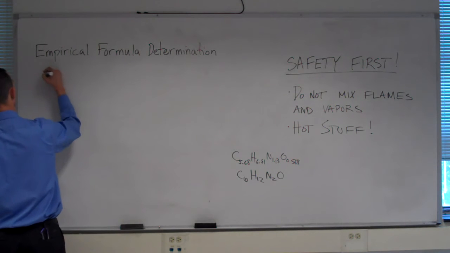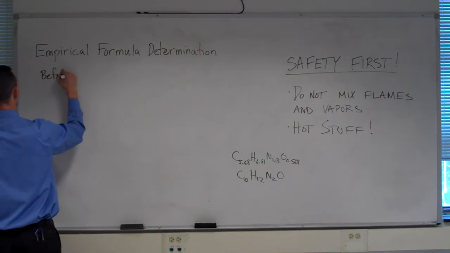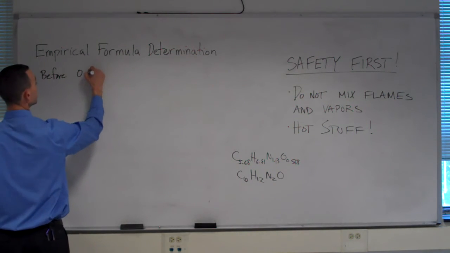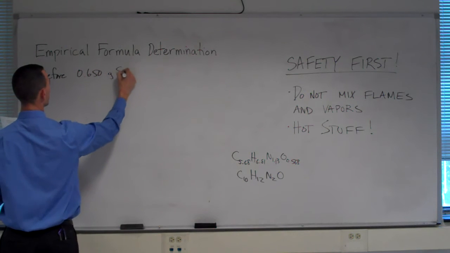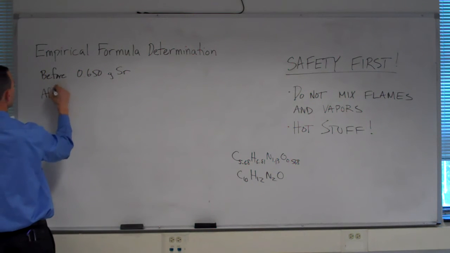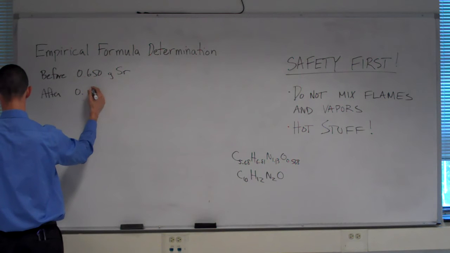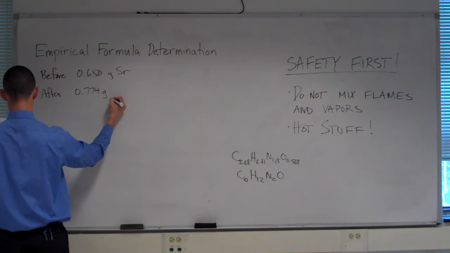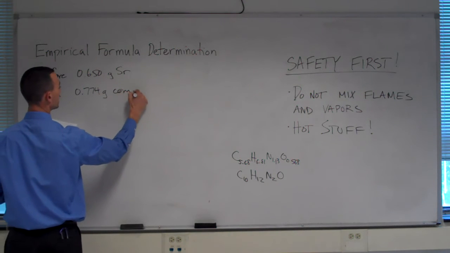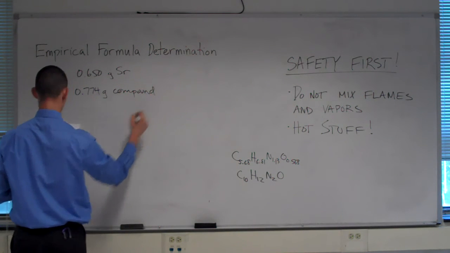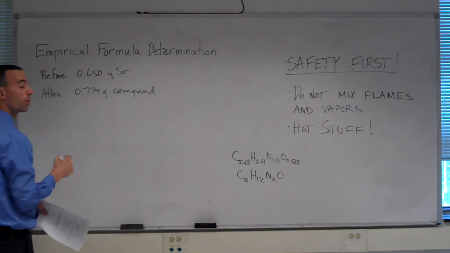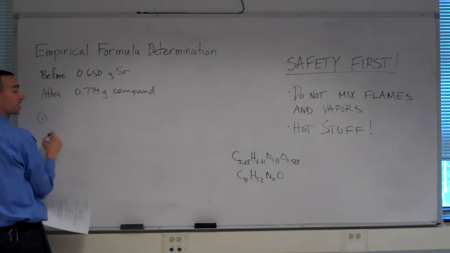So we have before 0.650 grams of pure strontium. After our process, we have 0.774 grams of our compound. The first question, what is the mass of oxygen?